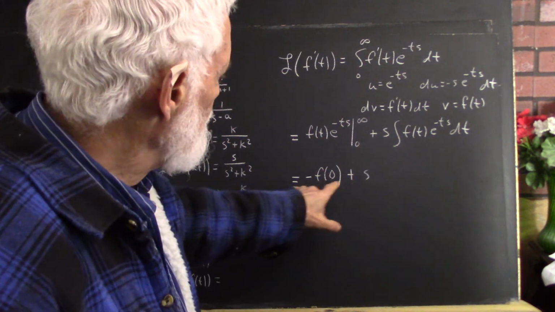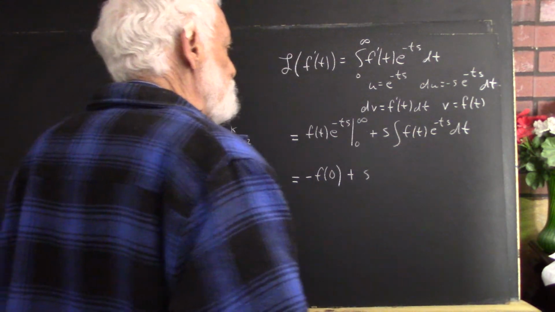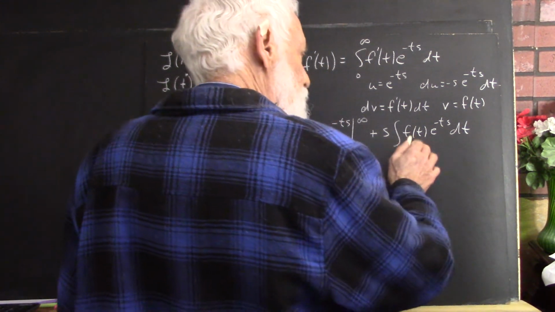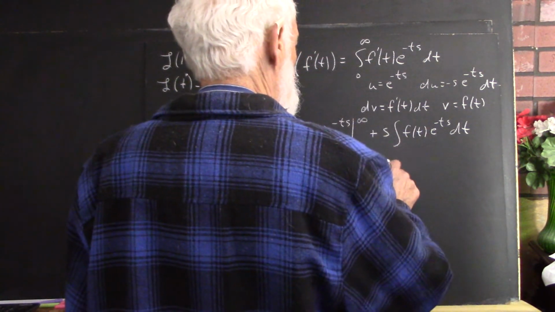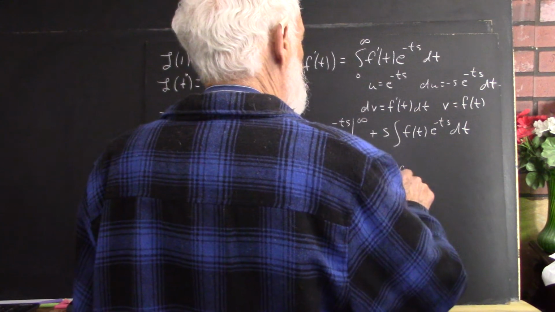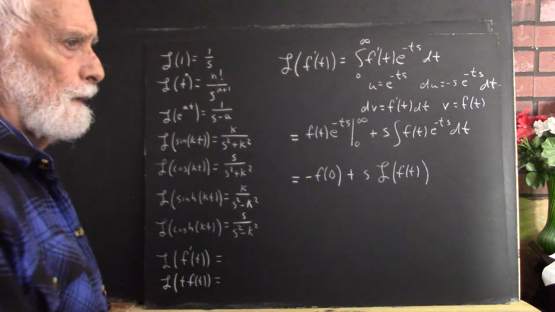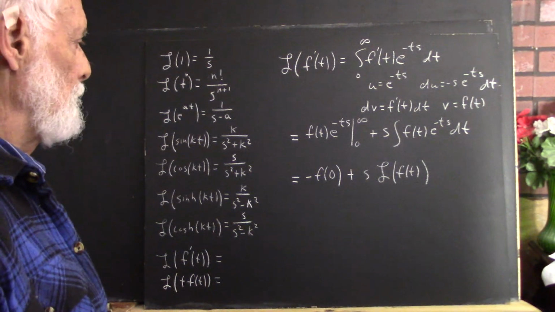So anyhow, we got this, and then we get plus s times this integral, but that integral is just the Laplace transform of f of t. That's going to be a big deal.